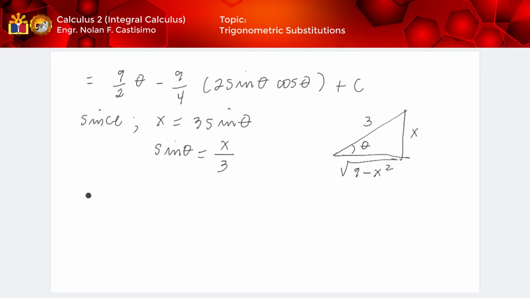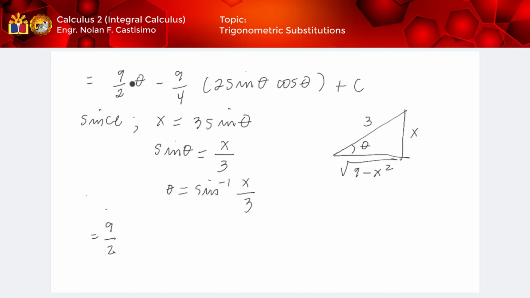So, it will become 9 over 2 arc sine x over 3. Okay? So, meron tayong sine theta is equivalent to x over 3. So, ito, theta will become arc sine x over 3. So, parang nilipat ko lang sa kabila.